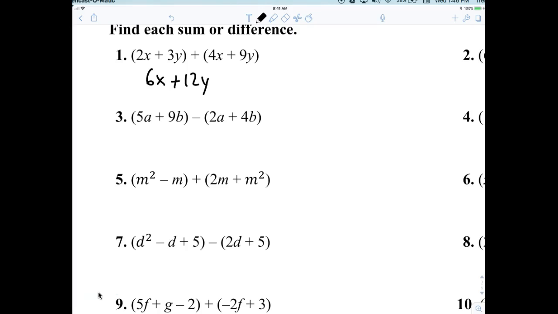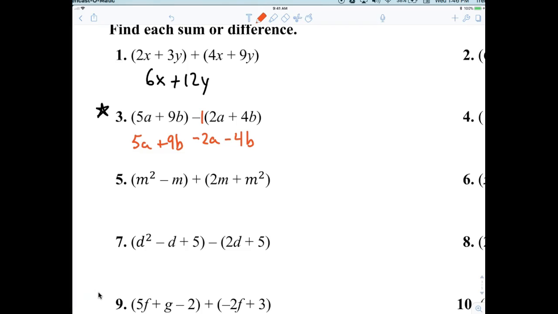Now number 3, you put a star by, because with subtraction, you must remember that you're distributing a negative. If you want, you can put a negative 1 out in front. So this would be negative 2a minus 4b. And now you're combining it with 5a plus 9b.